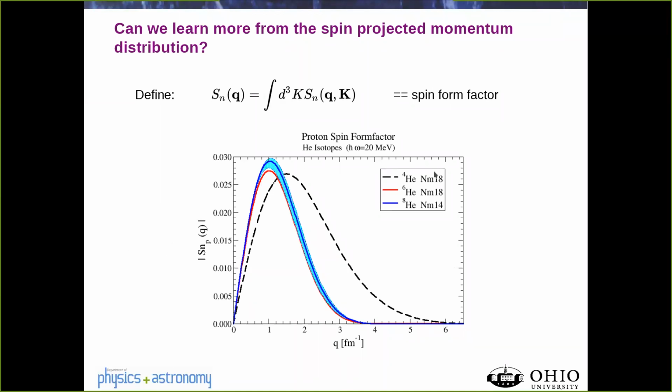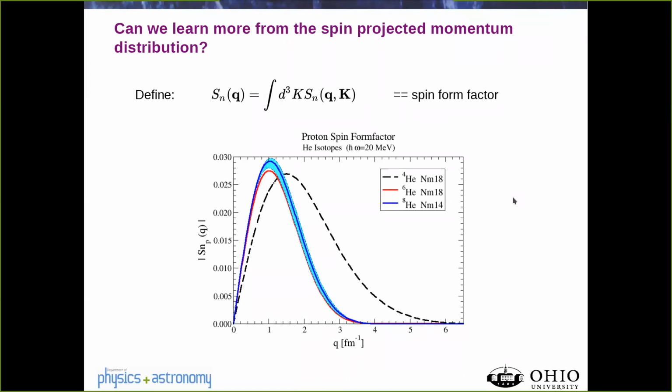Here nm18 means the maximum n max. I'm showing here the calculation with h bar omega 20. But for helium-4 and helium-6 with a high enough n max, that is a line, it's converged. Here the shaded line for helium-8 shows the h bar omega dependence.